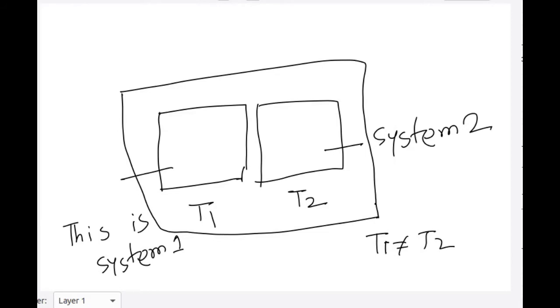Now, if energy can be exchanged between two systems due to temperature difference, then the two systems are said to be in thermal contact. We assume system 1 and system 2 are in thermal contact, so energy transfer will occur between them.